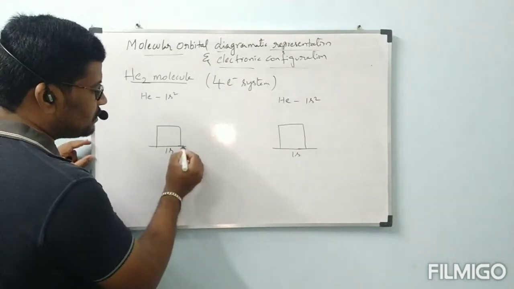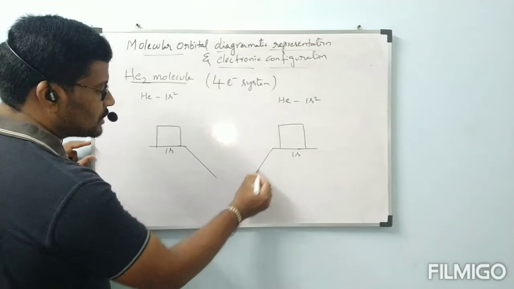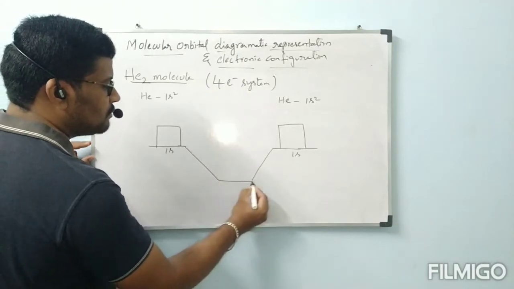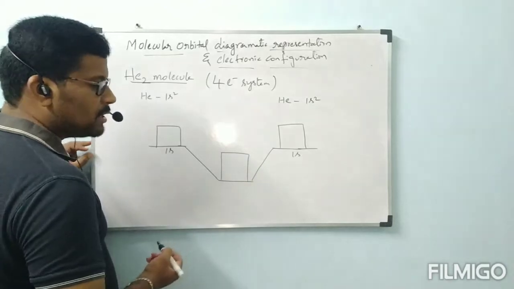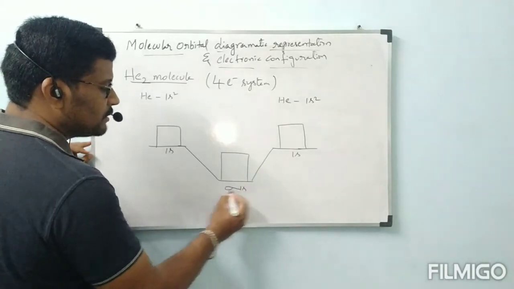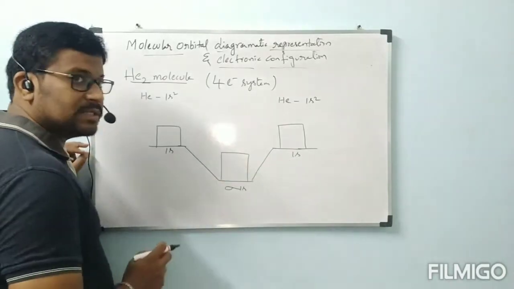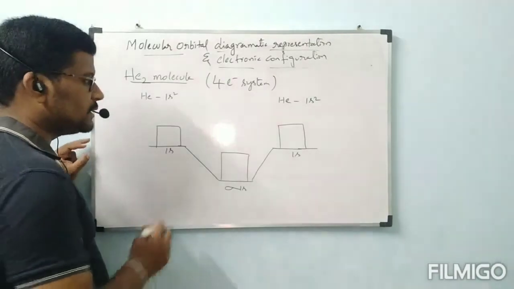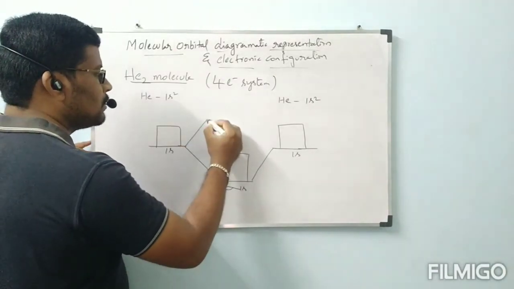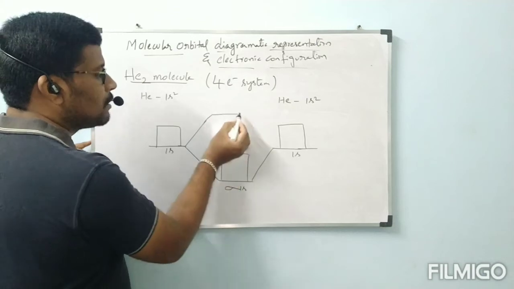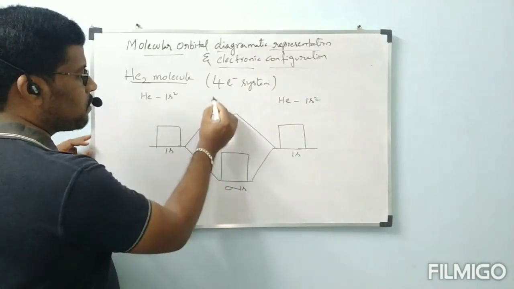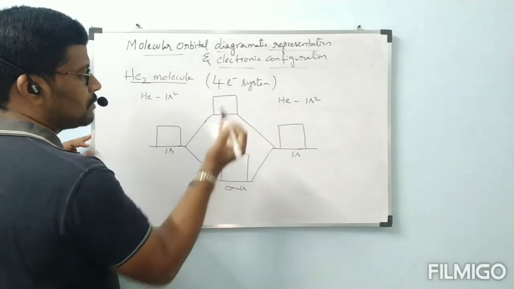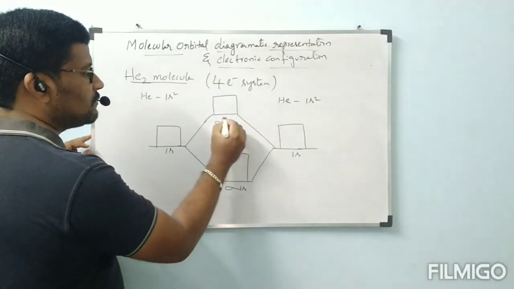They undergo constructive interference to form one bonding molecular orbital, which is sigma 1s, because it is obtained from 1s and 1s. And the anti-bonding one is sigma star 1s.